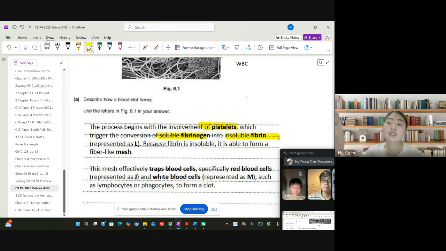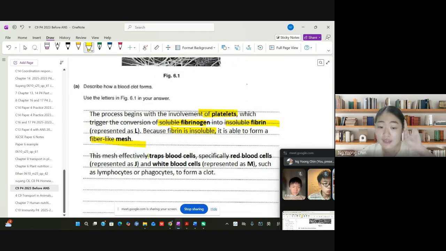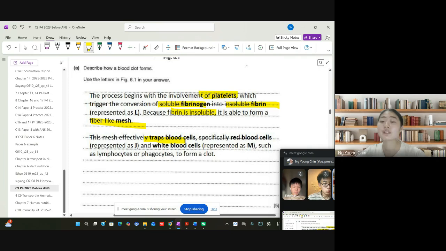Second point. So because fibrin is insoluble, right? So this insoluble fibrins, they will just form a fiber-like mesh around the red blood cell. So this will trap, the keyword, trap the red blood cell and the white blood cell to form a blood clot.